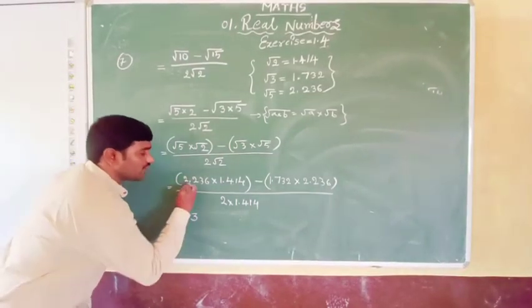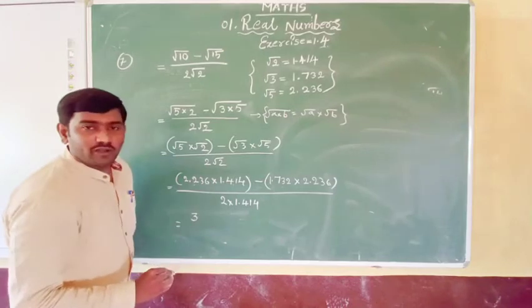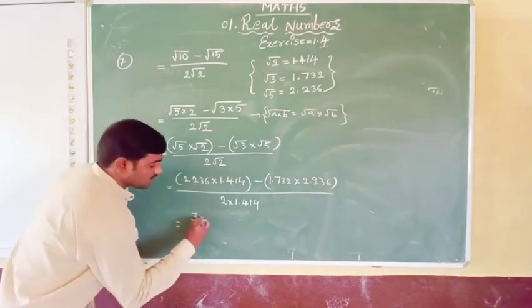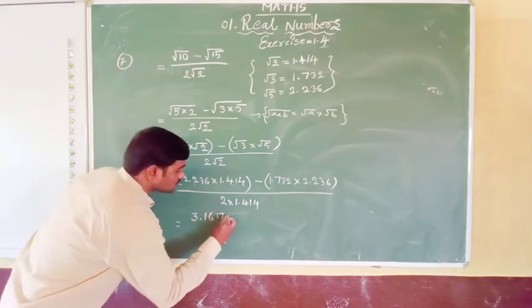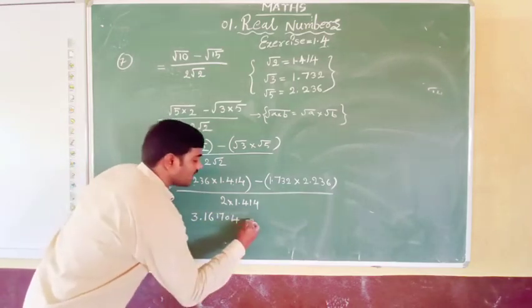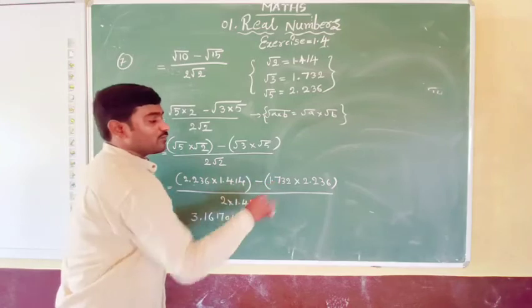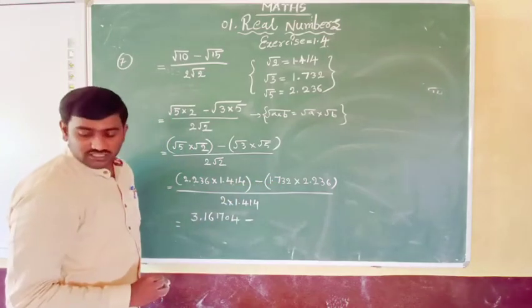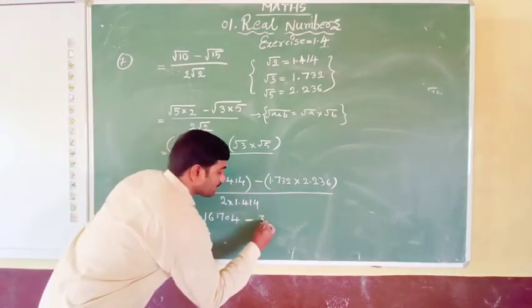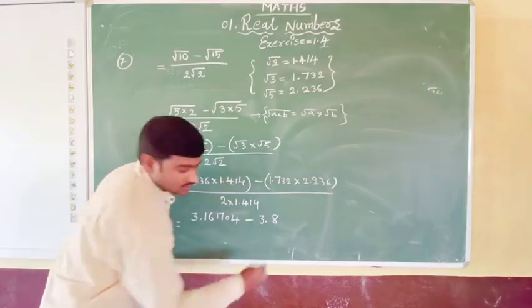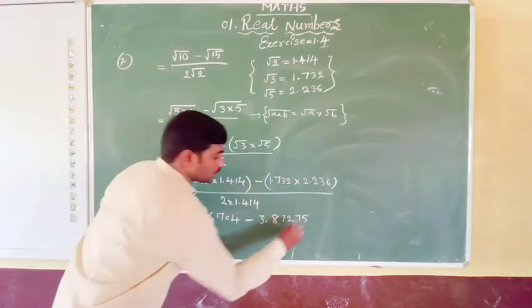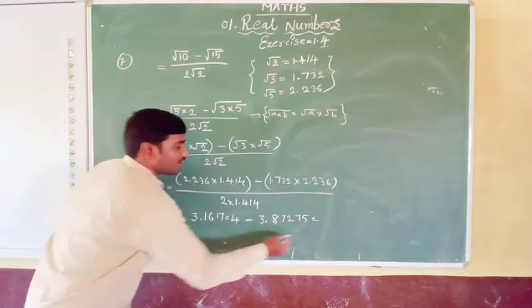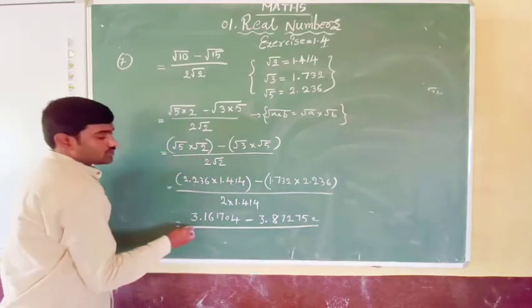Directly, if you multiply 2.236 into 1.414, you will get 3.161704, minus 1.732 into 2.236 equal to 3.872752. I have already multiplied this to save our time.